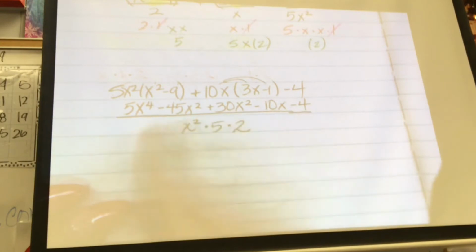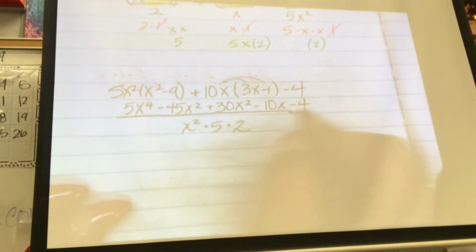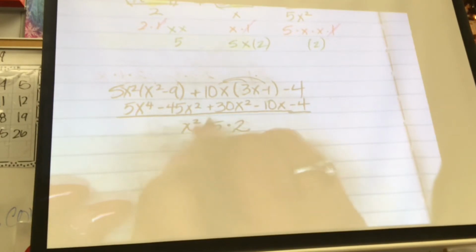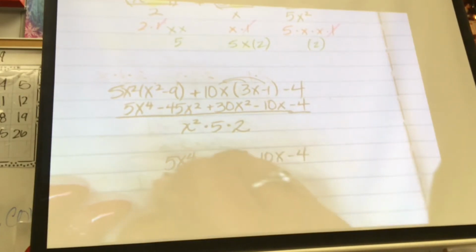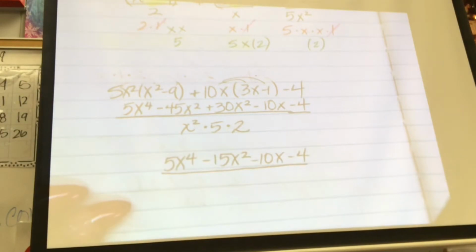What are the like terms? Clean it up for me. Can you clean up the terms? What do I get? So the whole thing would be? Yep. What's the denominator?